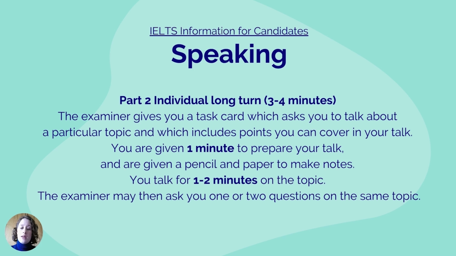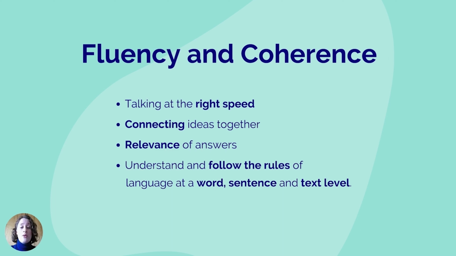So, what is fluency and coherence? Well, fluency and coherence refers to how good the candidate is at talking at the right speed and how good they are at connecting their ideas together. The candidate needs to be able to understand and follow the rules of language at a word, sentence, and text level.